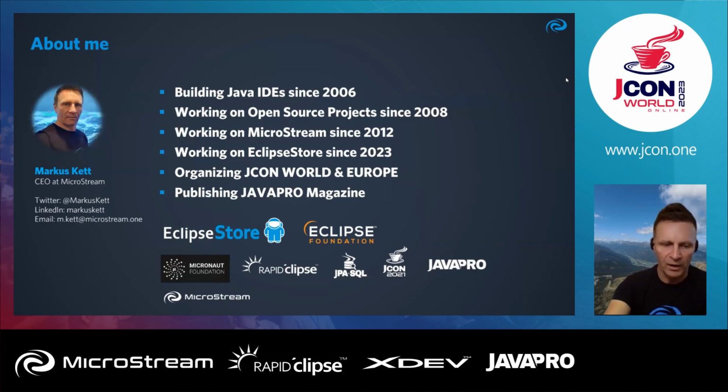I'm working in the Java community, in the Java space, for more than 20 years now. We started almost 20 years ago with a Java IDE. We wanted to build and provide a Java IDE that today we would call a low-code development environment. 20 years ago, we talked about 4GL, rapid application development.